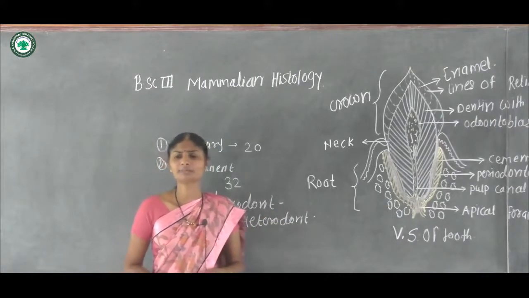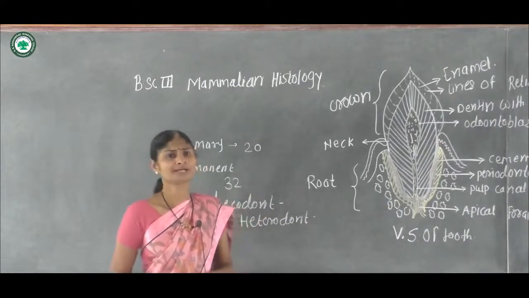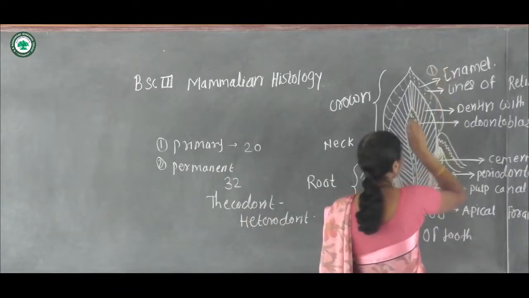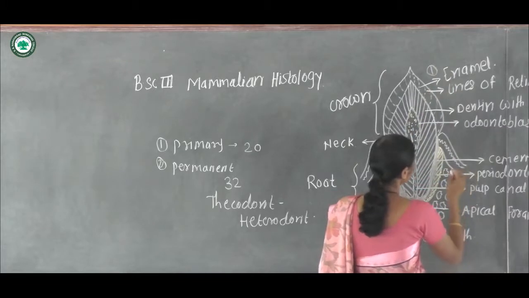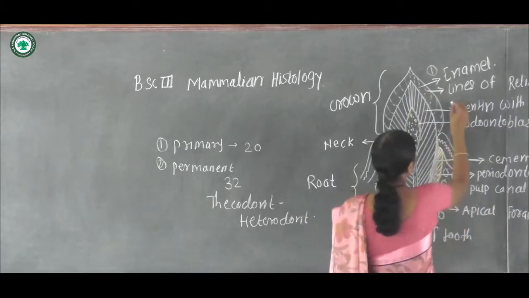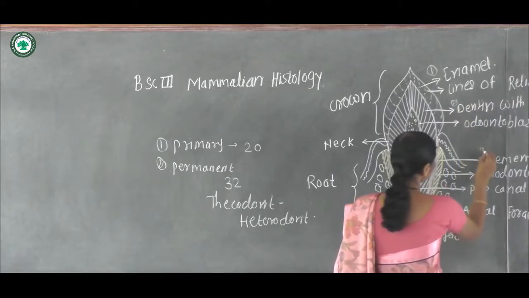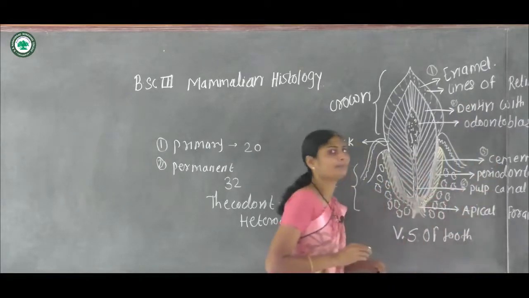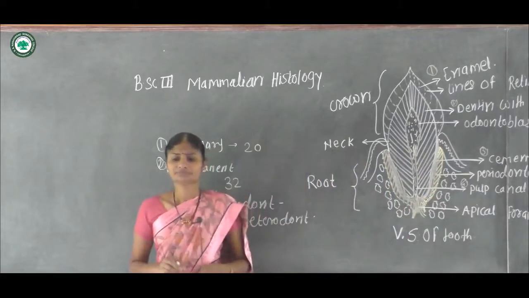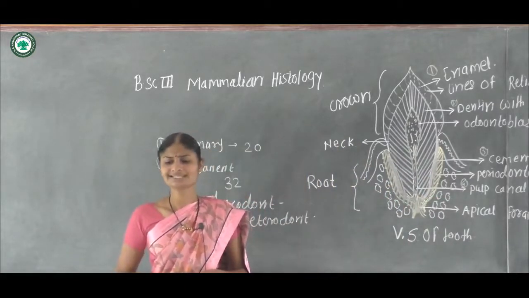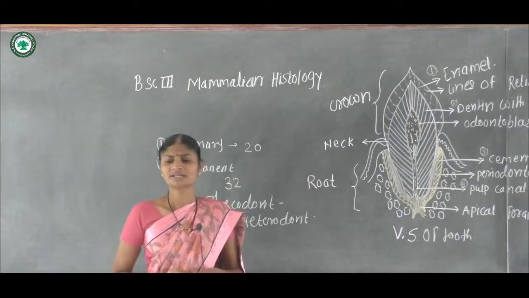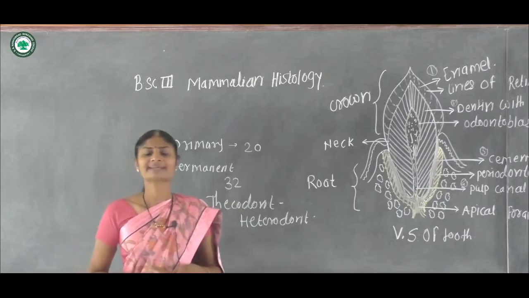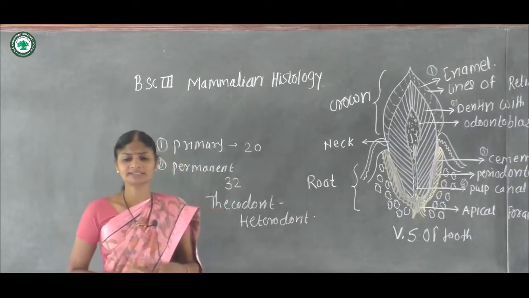Structurally, a tooth is made up of four components: the first is enamel, the second is dentine, the third is cement, and the fourth is the pulp cavity. Enamel is the hardest substance, containing inorganic salts and calcium phosphate.